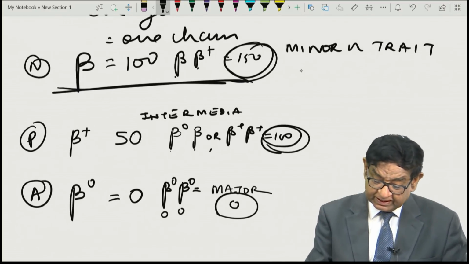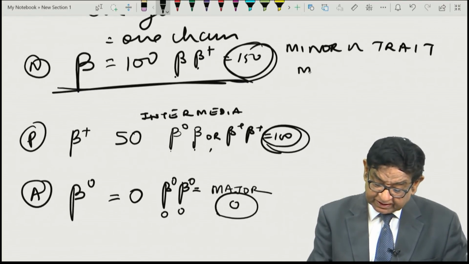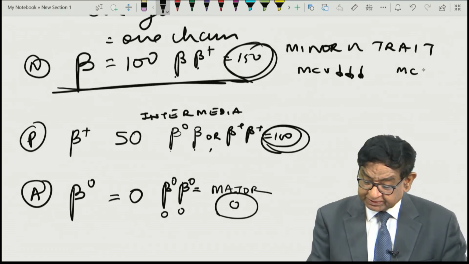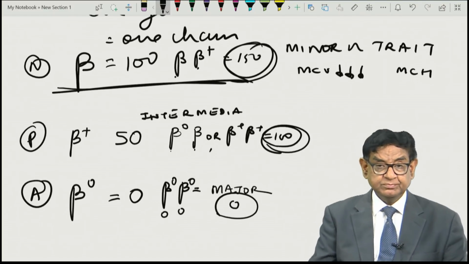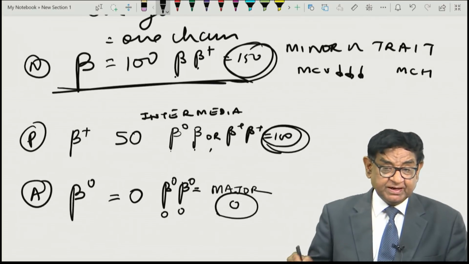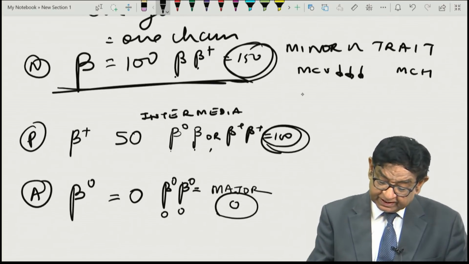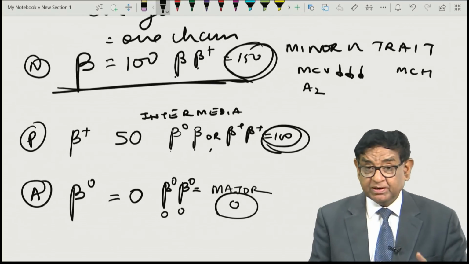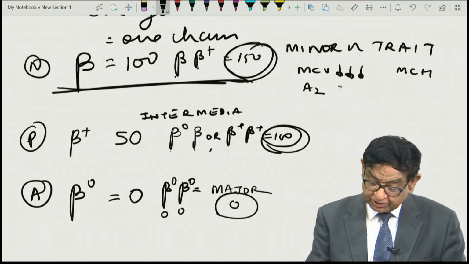First of all, MCV is reduced out of proportion to MCH. This is one thing which is not seen in iron deficiency anemia. And one more thing here, HbA2 is normal at 1 to 3%, but it is usually more than 3%.